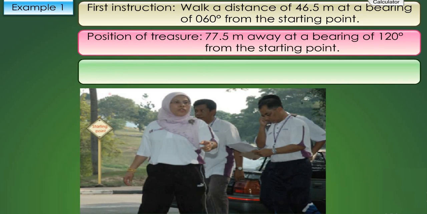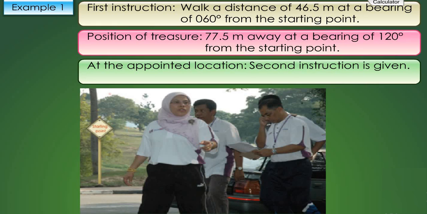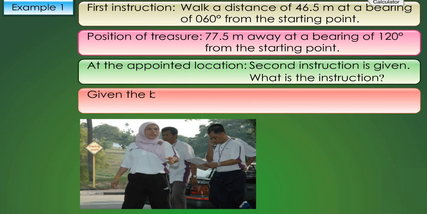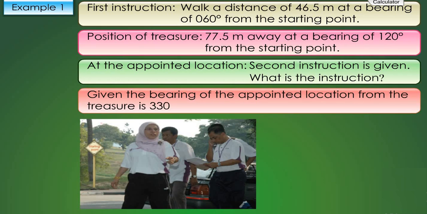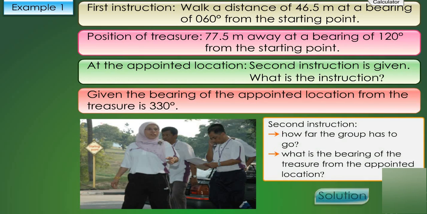When Murat's group reached the appointed location, another instruction was given to them about how far they had to walk and in which direction from their current position. Find how far the group has to go and the bearing of the treasure from the appointed location, given that the bearing of the appointed location from the treasure is 330 degrees.